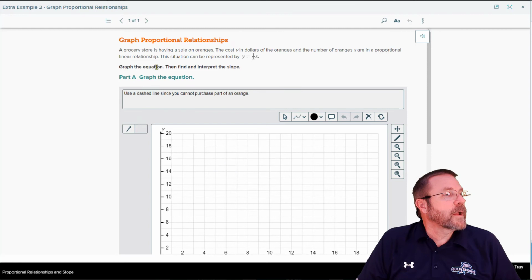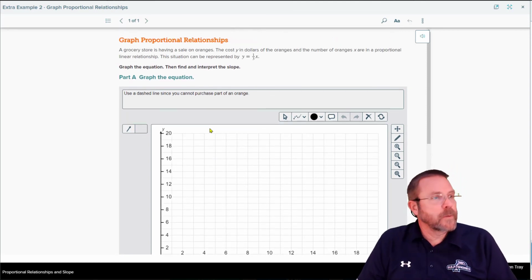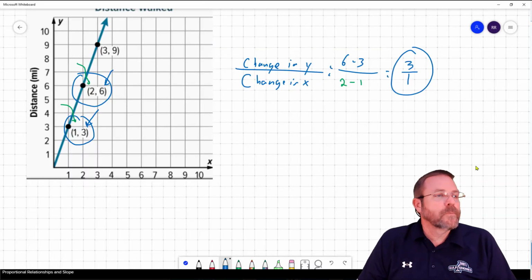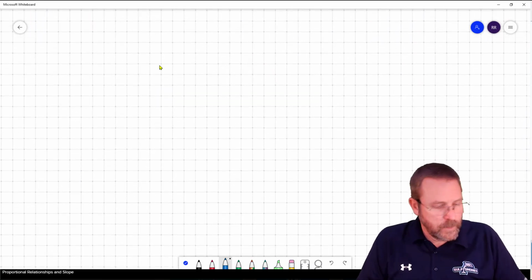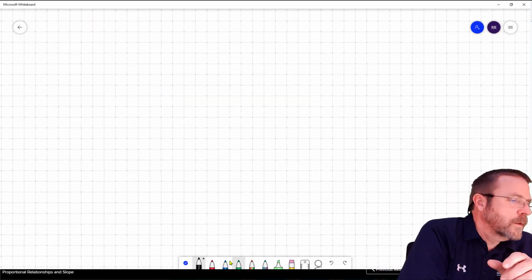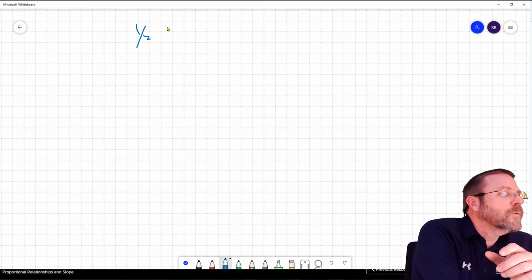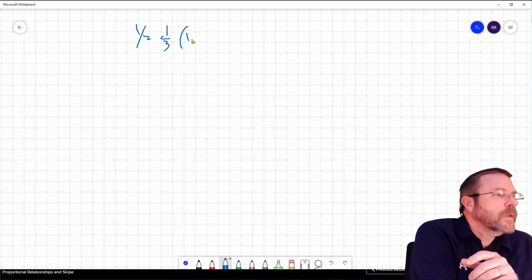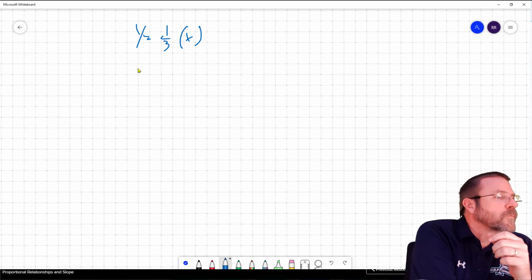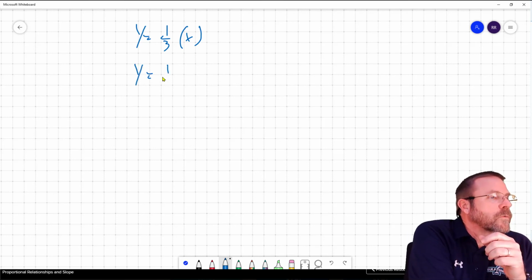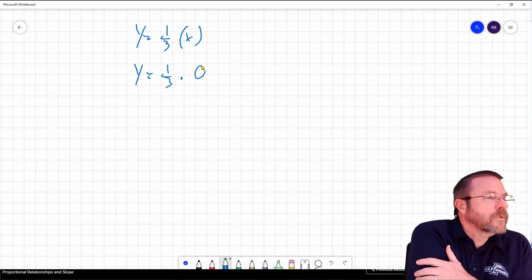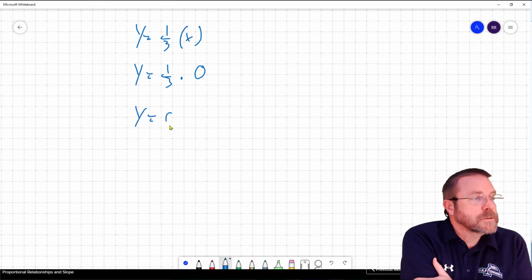So from here, graphing the equation, well, we need to pick some values here, don't we? So let's go over to our scratch page, and we know that our formula is y is equal to 1/3 times x, where x is our number of oranges. So I'm going to do y is equal to 1/3 times 0, which means he gets 0.